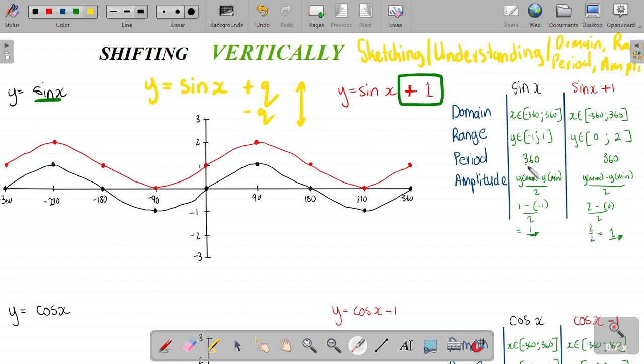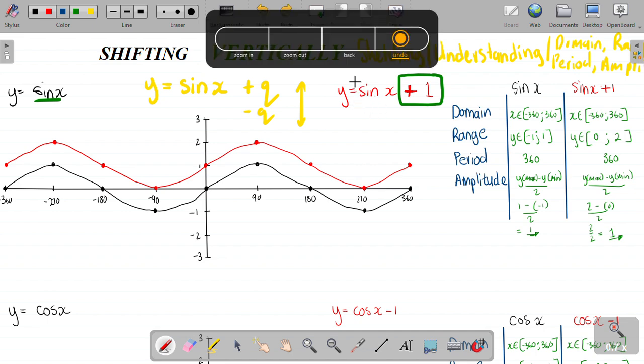Let's have a look at period. Remember in grade 10 I explained your period will always be 360 for the sine and cosine graph, so that's simple. Now for the amplitude, well, I already explained there's a shortcut that you can use to get your answer. For a sine and a cosine graph, if you don't remember, I said the amplitude can be the number in front of the sine or the cos, so there's an imaginary 1 here.